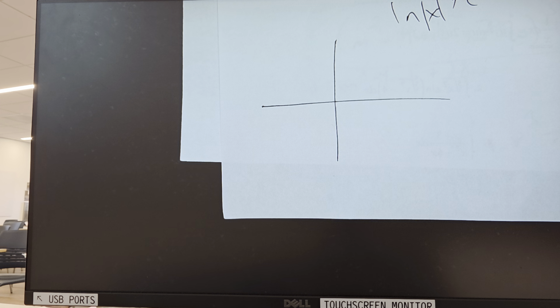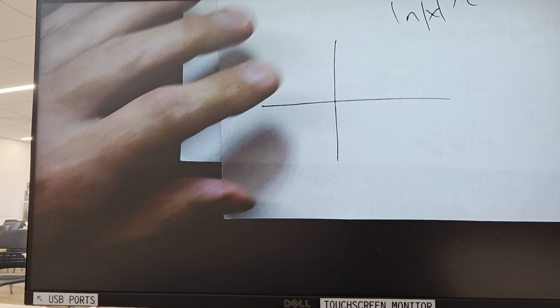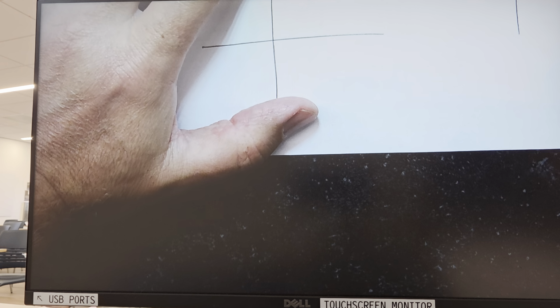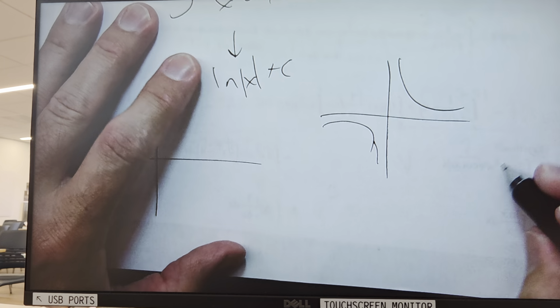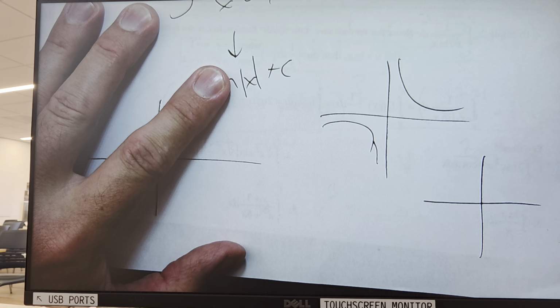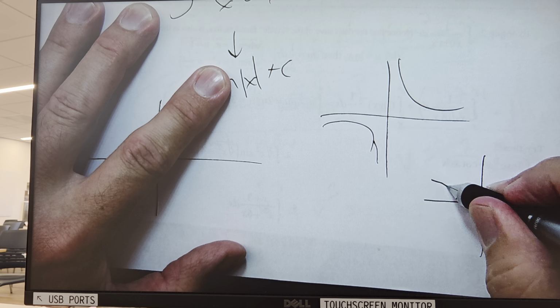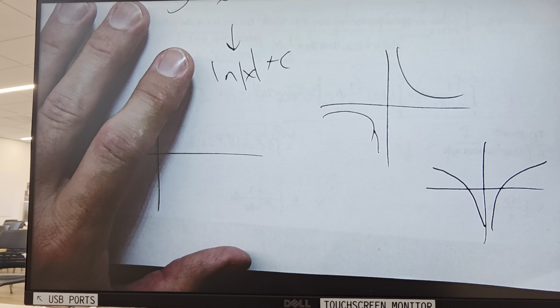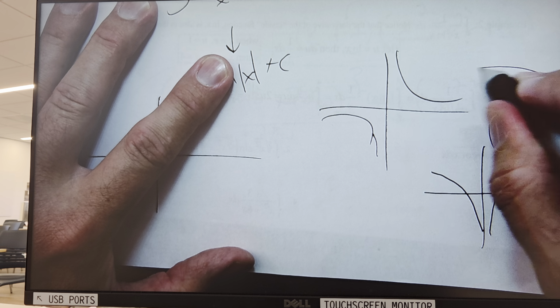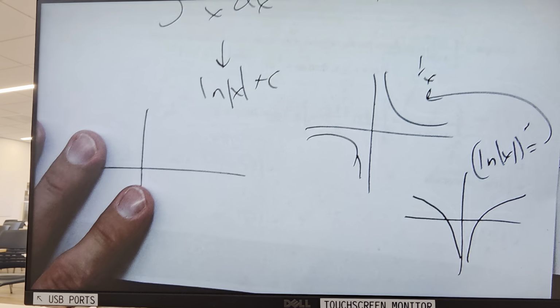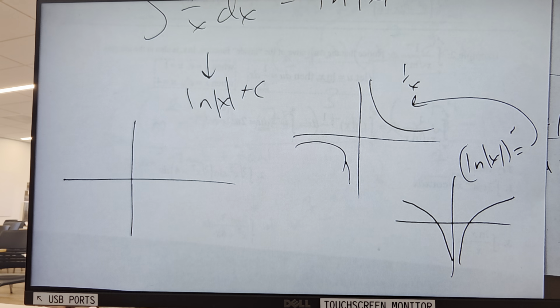Okay, now watch this. What does 1 over x look like? It looks like this. What does the natural log of the absolute value of x look like? It looks like this. So the derivative of the natural log of the absolute value is equal to 1 over x. Does that make sense? What's the slope here?